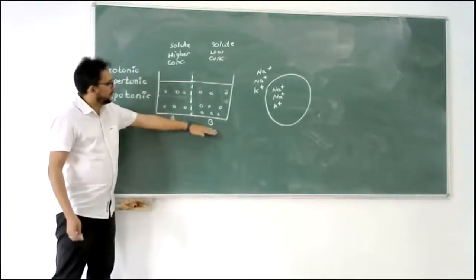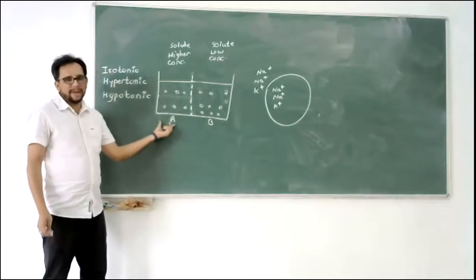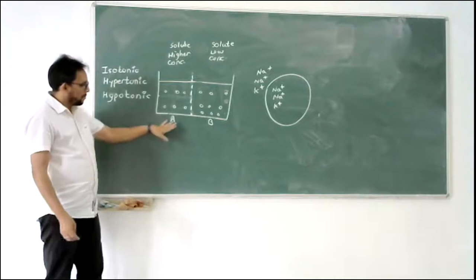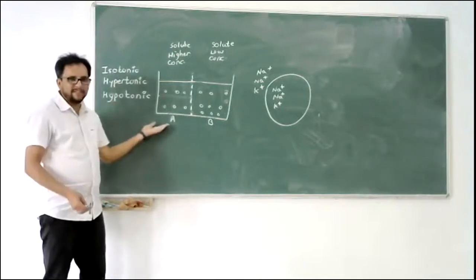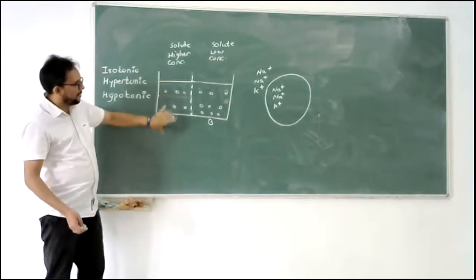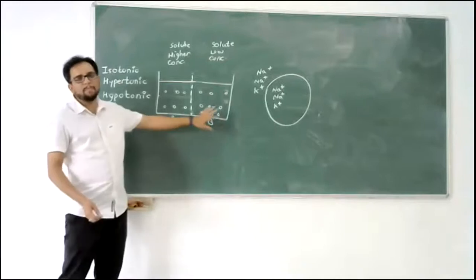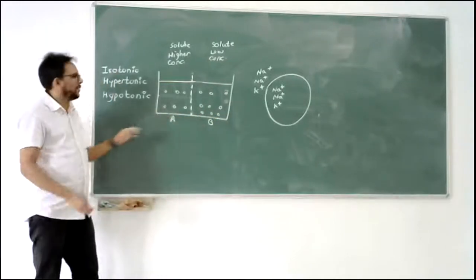So compartment B is hypertonic compared to A. Or compartment A is hypotonic. Hypo means less, or low. So compartment A or chamber A is hypotonic compared to B. I hope this part is clear as well.